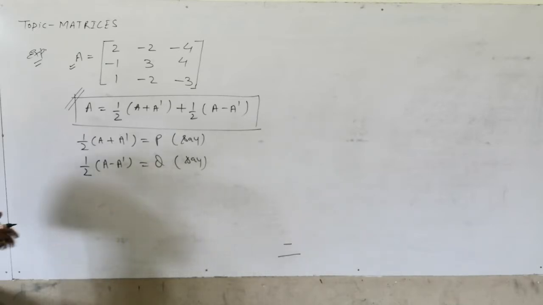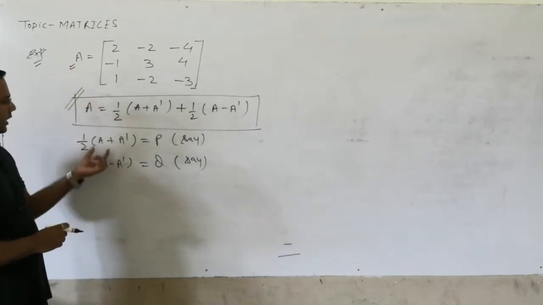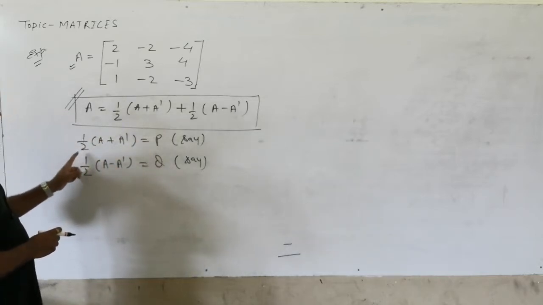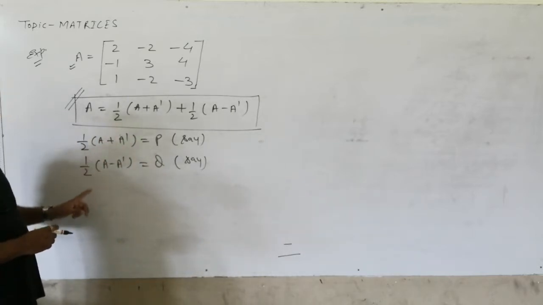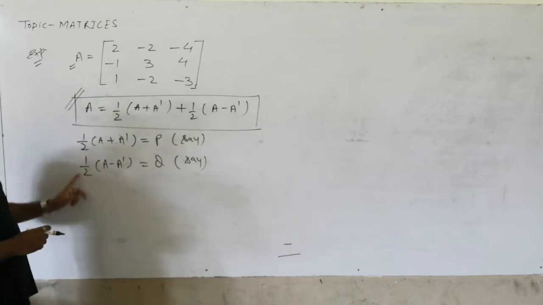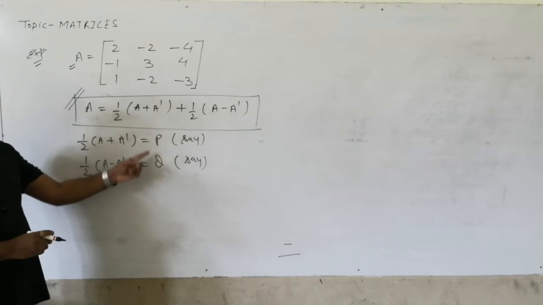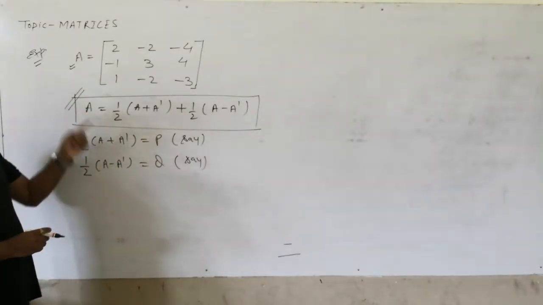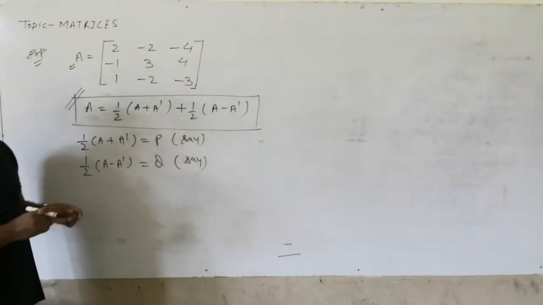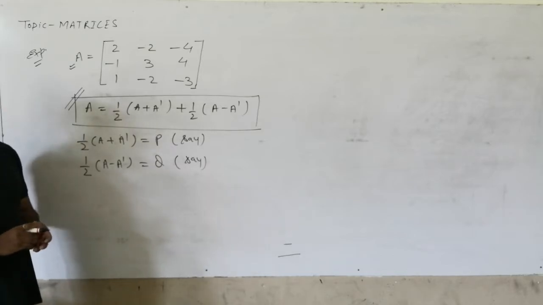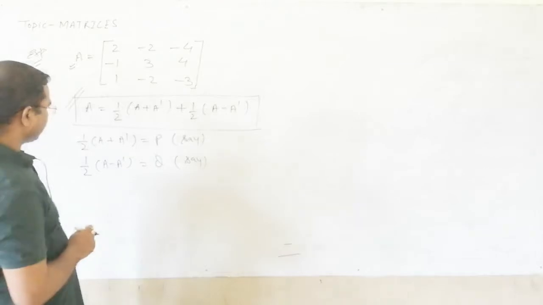Now what we will do, we will first write this matrix in this form, 1 upon 2 (A plus A transpose), and then we will find 1 upon 2 (A minus A transpose). We will add these two, and if it is equal to the matrix A, then we will say the matrix can be written as a sum of a symmetric and a skew-symmetric matrix.